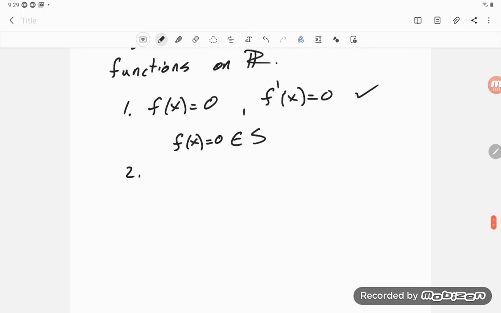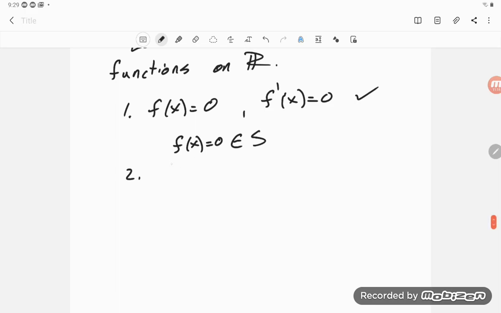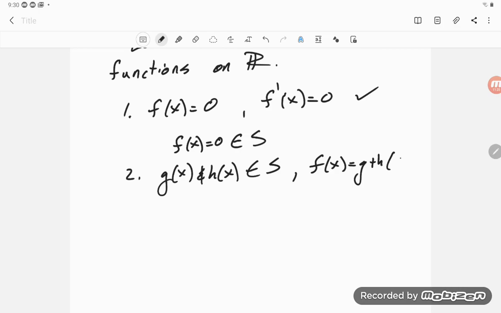2, suppose I have g of x and h of x that are elements of S, and I let f of x equal g plus h of x.